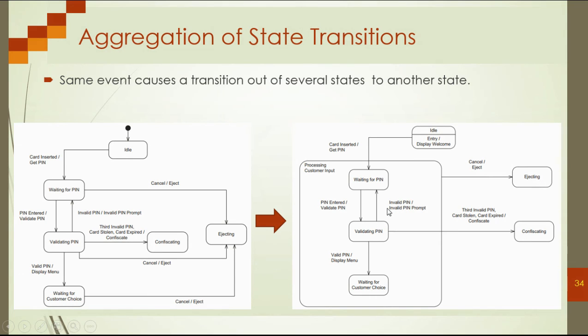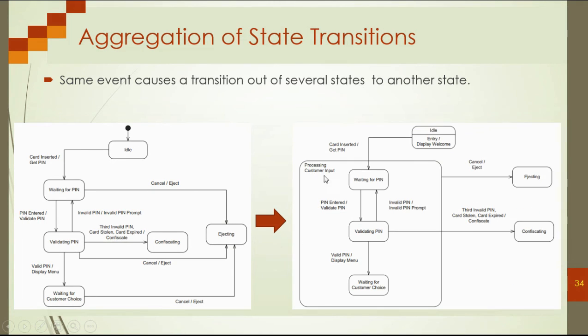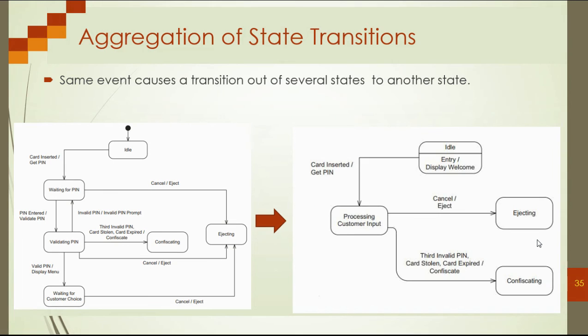As explained here, this is the composite state. However, we can see the ejection is coming from any of the three, as in the first slide here. I mean, the ejection can come from any of these states. However, the confiscating state comes only from the validating the PIN state.